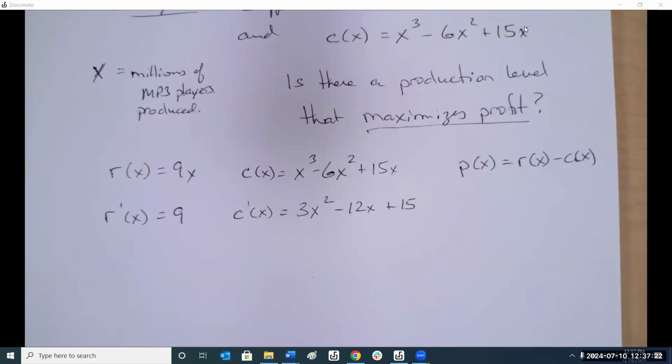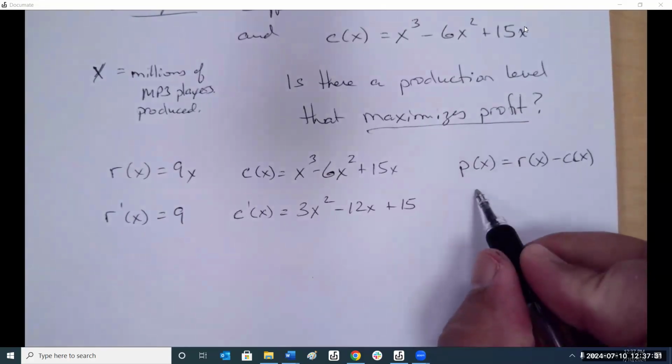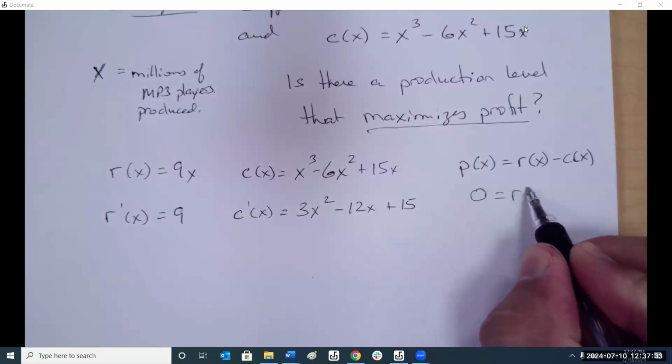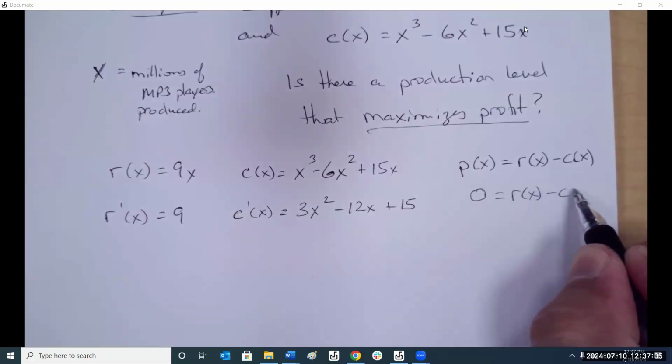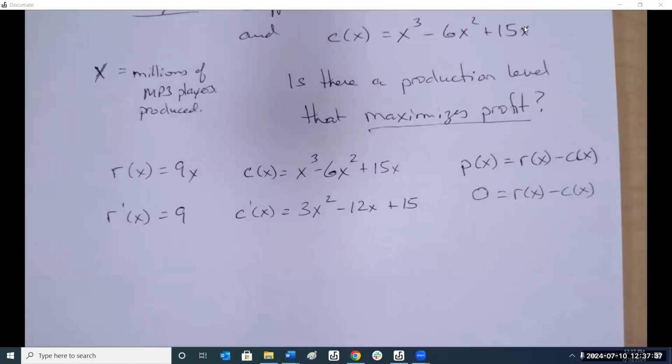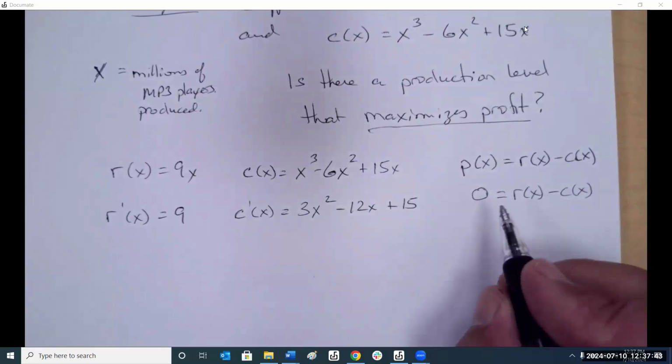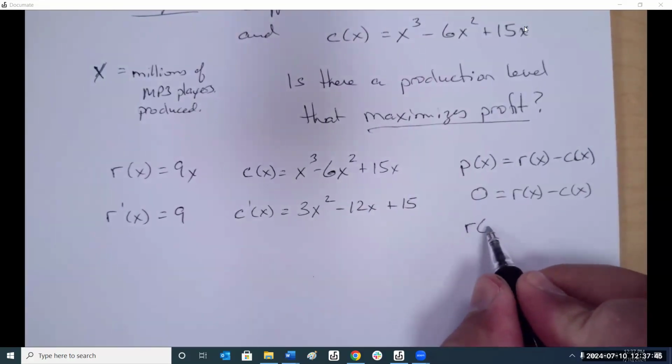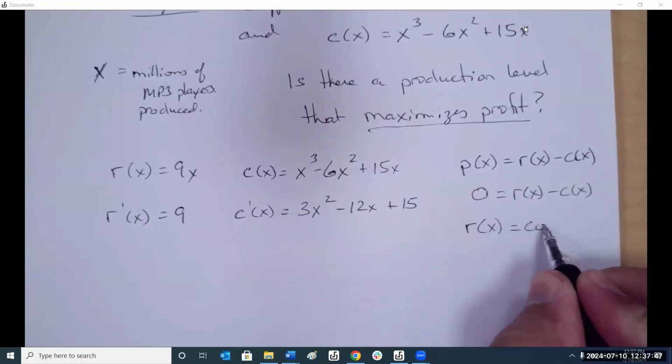Right. So what happens when revenue and cost are the same? You're making no money. So, well, we're breaking even, right? So you break even when the profit equals 0, which means the revenue equals the cost.